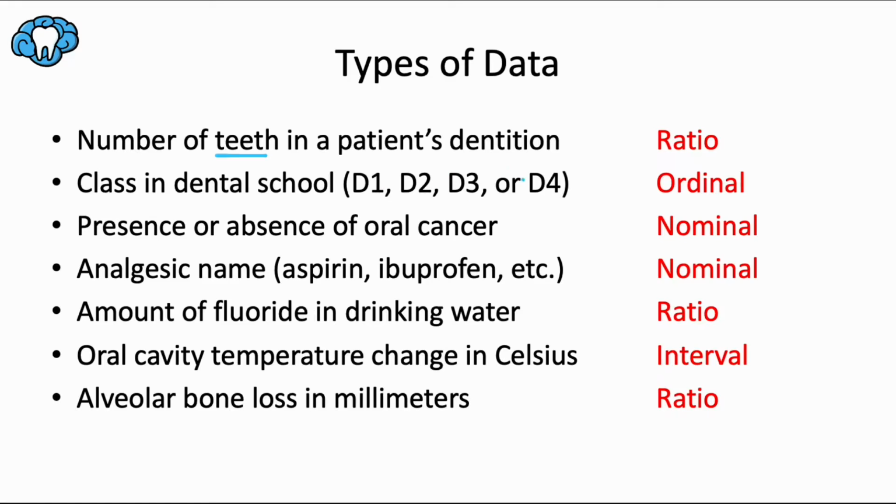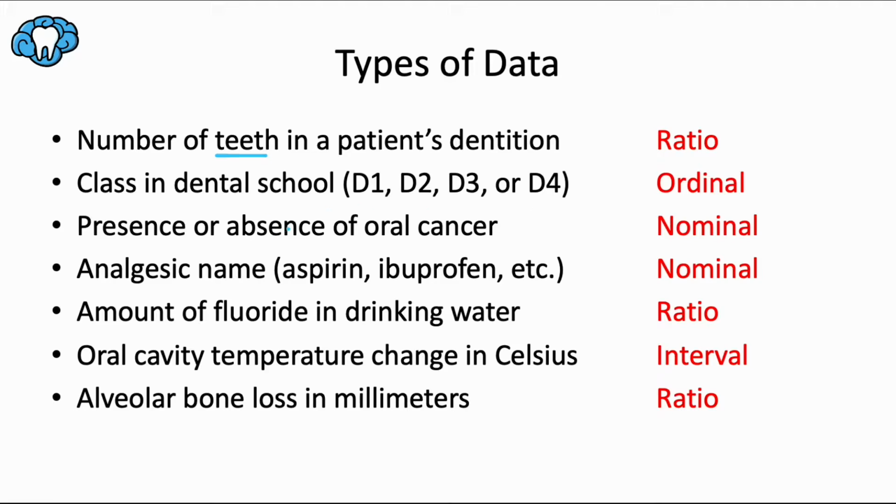But the differences between the classes are not quantifiable in a meaningful way. The difference in progression from D1 to D2 is not necessarily the same as from D2 to D3 in terms of experience or difficulty. So we can't say this is an interval variable, but it certainly is an ordinal variable.